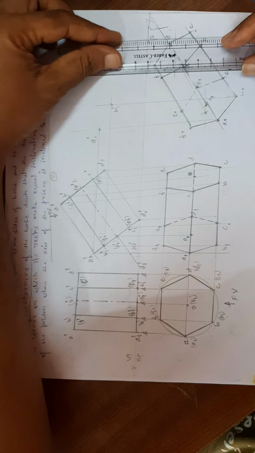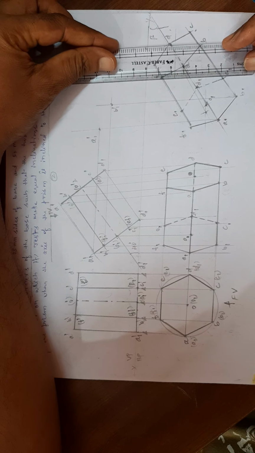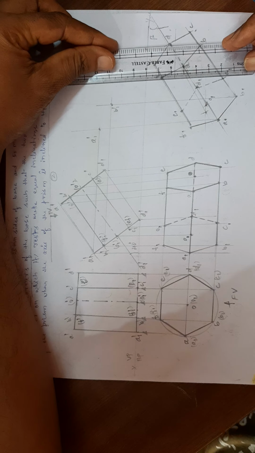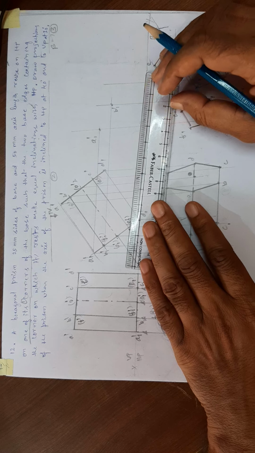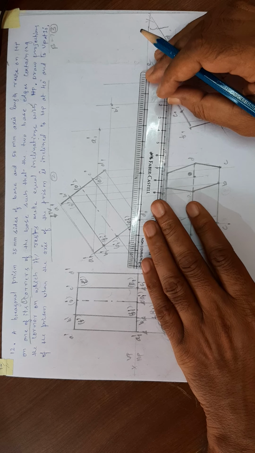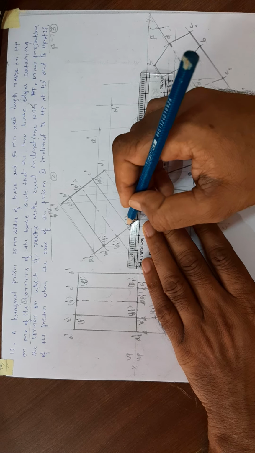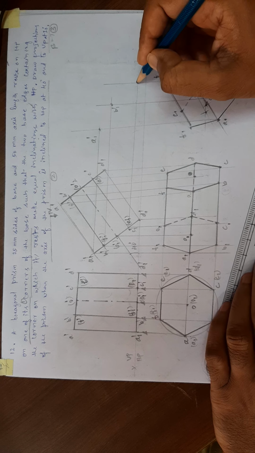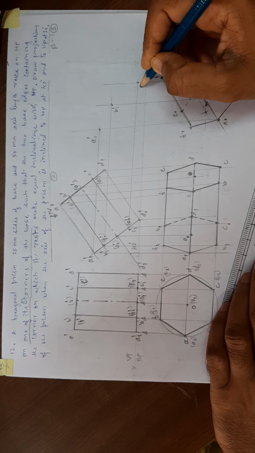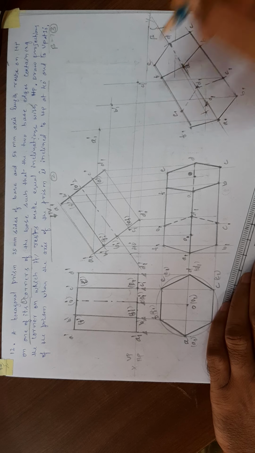Next C1: vertical projector line from C1 and horizontal projector line from C1 dash. Now see, this is C1 dash.